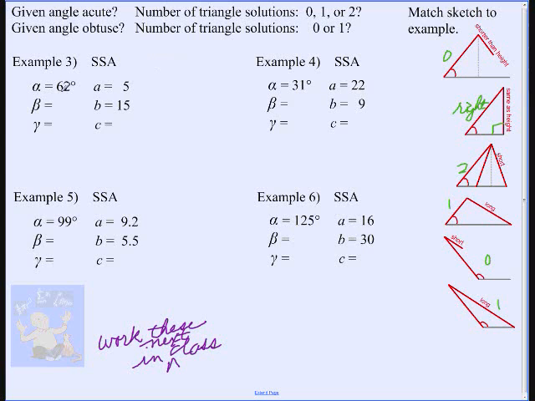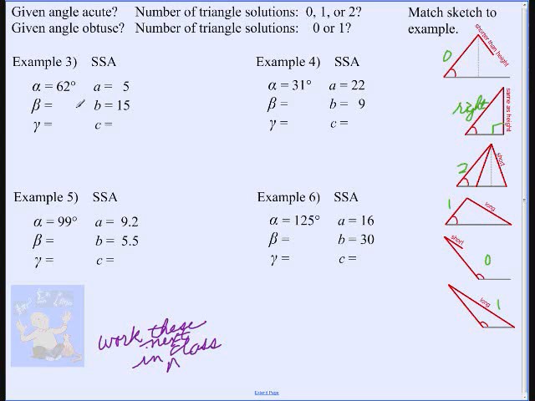So what's the situation we have here? We have an acute angle. The side opposite is quite short, but we really don't know that it's shorter than the height.